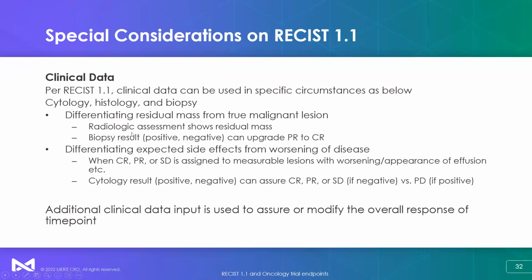When radiologic assessment viewing the scan shows a very small residual mass, which could be a true malignant lesion or just remaining scar tissue, the biopsy result being positive or negative can really allow the reader to pick partial response or complete response. For instance, if the biopsy result of that small residual mass was negative, in that case, the partial response can be upgraded to the complete response, knowing that the small mass is not a true malignant lesion.